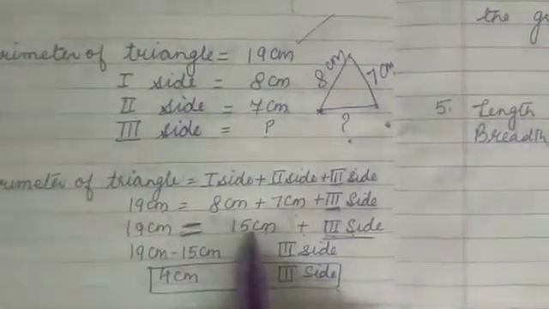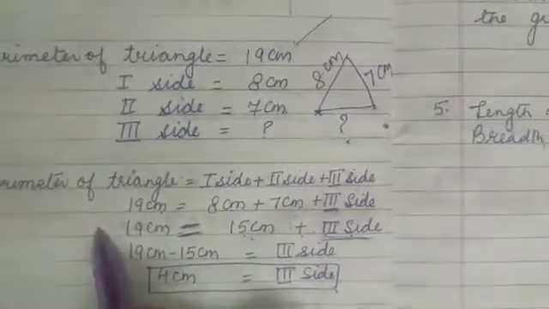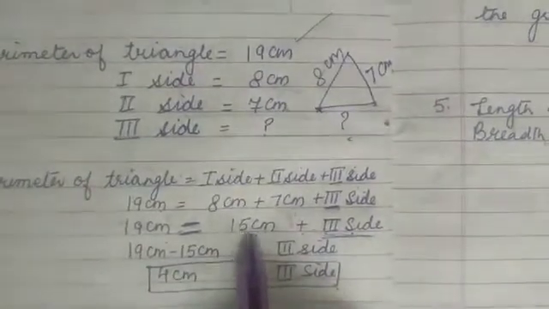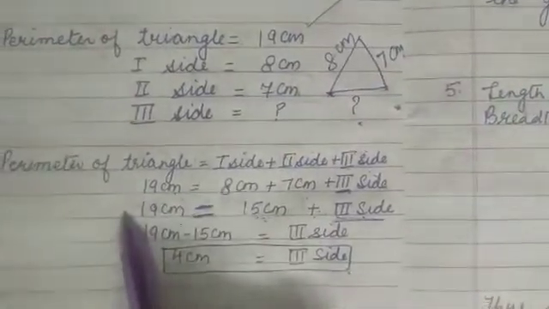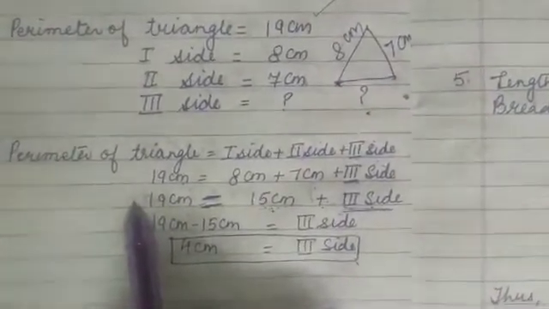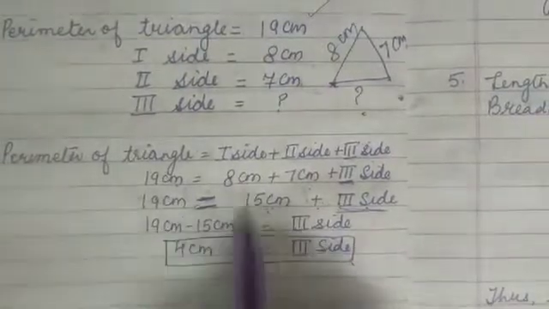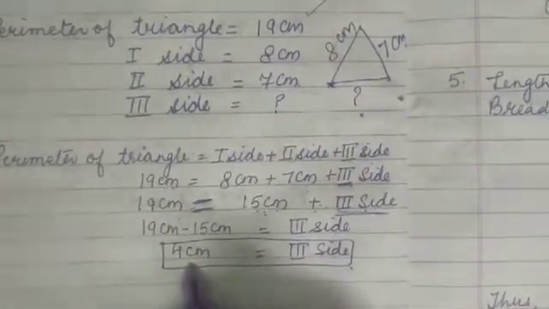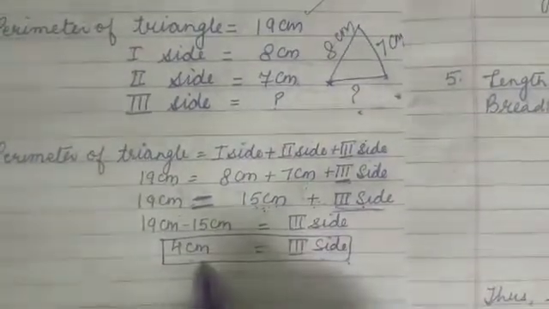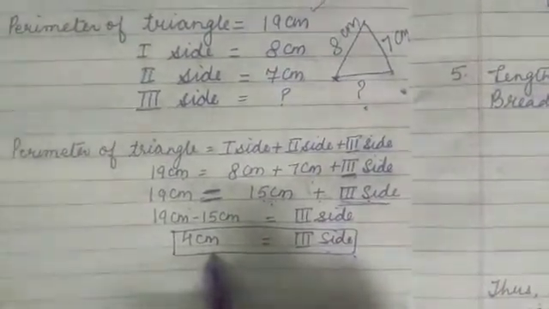When we change the position of the number to the other side, the sign will change. Here it is adding; when it shifts that side, it will be subtracting. So 19 minus 15, that is 4 centimeter. So third side is 4 centimeter.